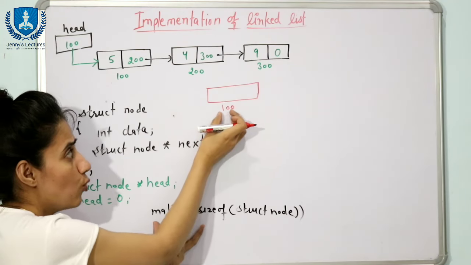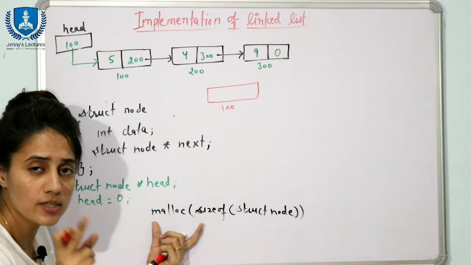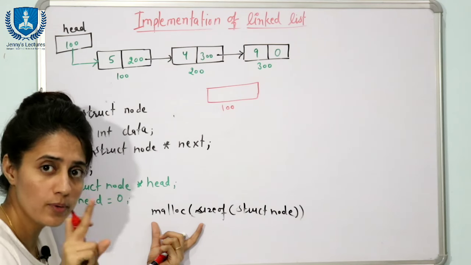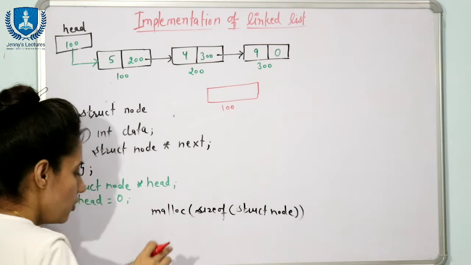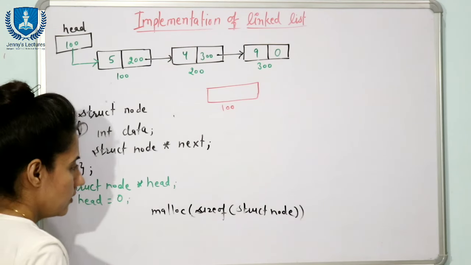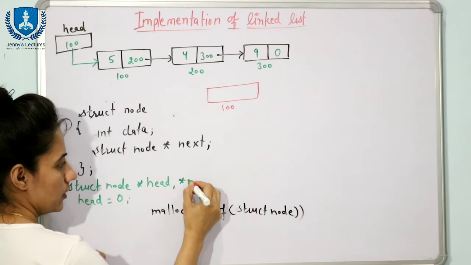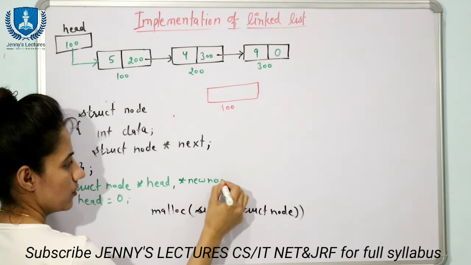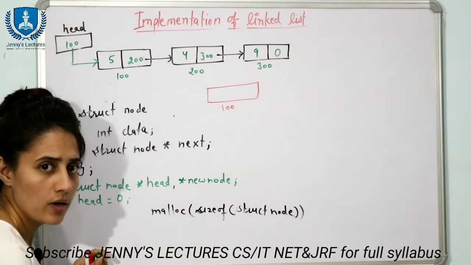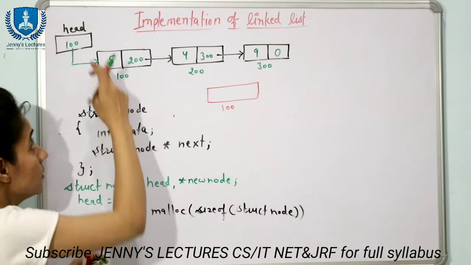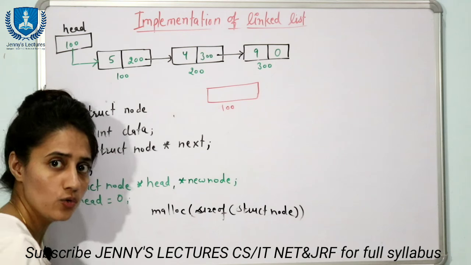Now we are going to store this 100. This is an address, so we need a pointer variable to store it. So we have to create another pointer variable, here we are going to create asterisk new node. This is another pointer variable. One is head and one is new node.